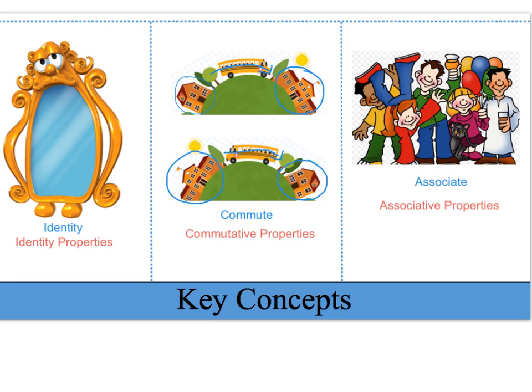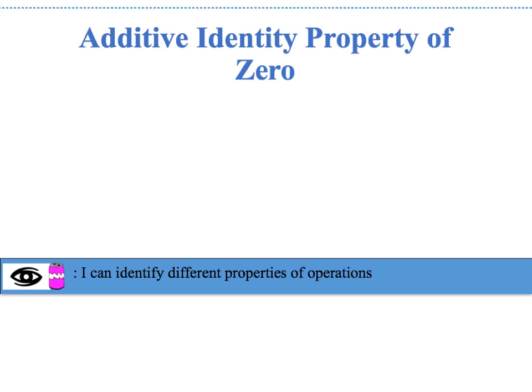So let's use these key concepts to discuss the following examples. So the first slide I want to discuss is called the additive identity property of 0. So remember, a property is a statement that is true for any number. So here's my first example. I can have a number 4, and I can add it to 0, and that becomes 4, because 4 plus 0 is equal to 4.